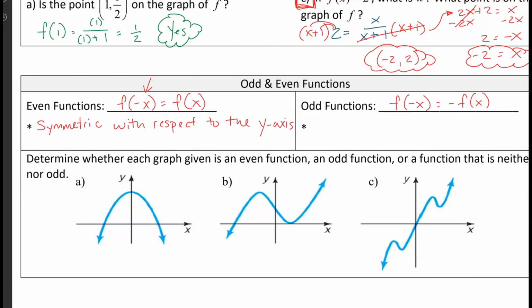Whereas odd functions, notice both variables are negated. Both the x and the y have negations, meaning it's symmetric with respect to the origin. Yes, you're right. Wonderful.